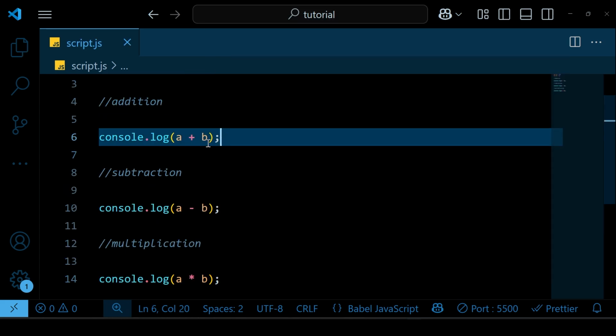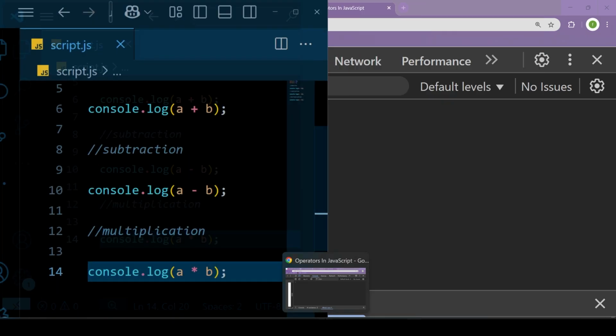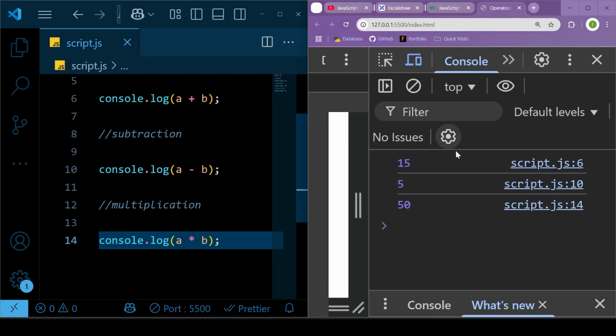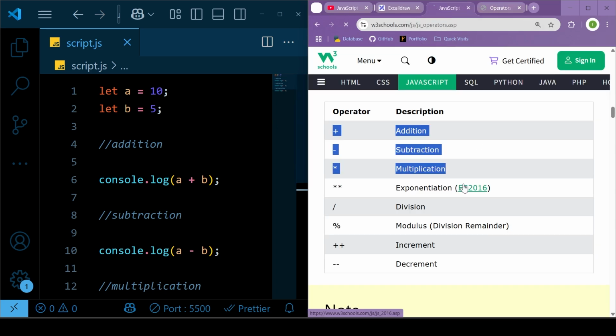So this will add two numbers, this will subtract, and this will multiply. No issues, right? So let's see their output first. See, first we have simply the addition, then the subtraction, then simply 10 into 5. So no issues, right?